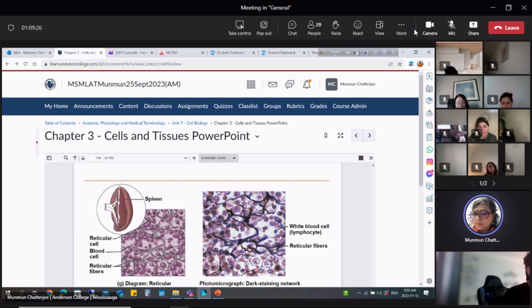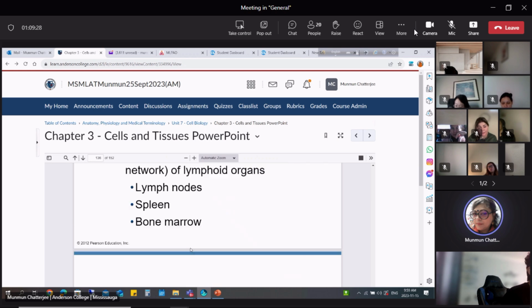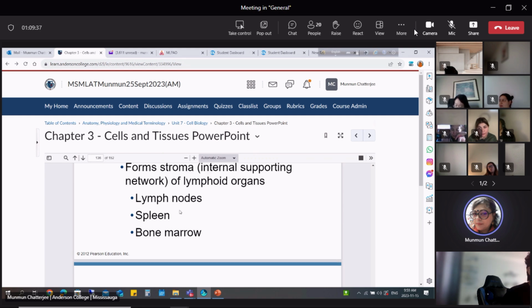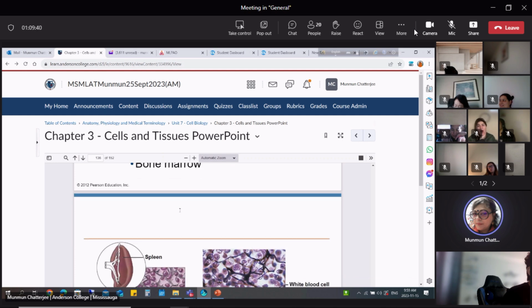Spleen is a very important organ. Obviously, bone marrow is where all the blood cells are produced, and then spleen and lymph nodes. These are the three areas where you can get the reticular connective tissue.